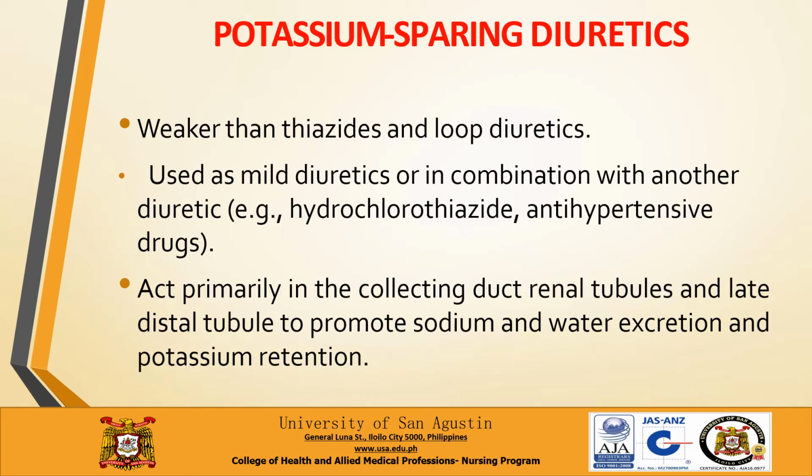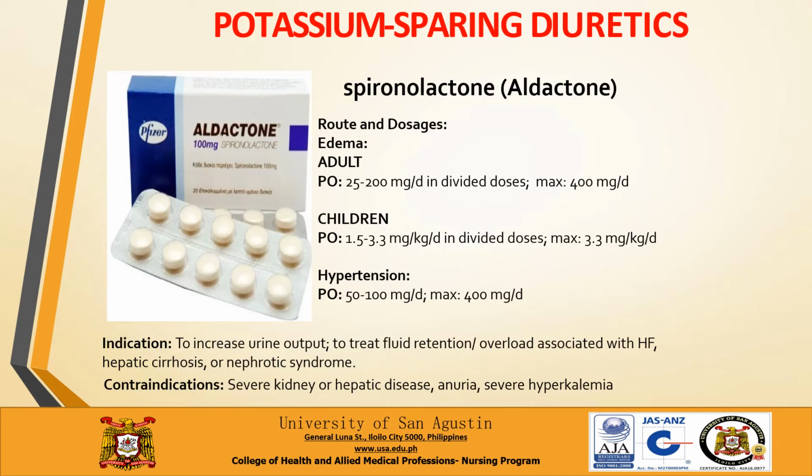And then the other type of diuretic is your potassium sparing diuretic. It's weaker than thiazide and loop diuretics. Of course, it is also combined with another drug, just like hydrochlorothiazide and antihypertensive drugs. The very common potassium sparing diuretic is spironolactone or Aldactone.